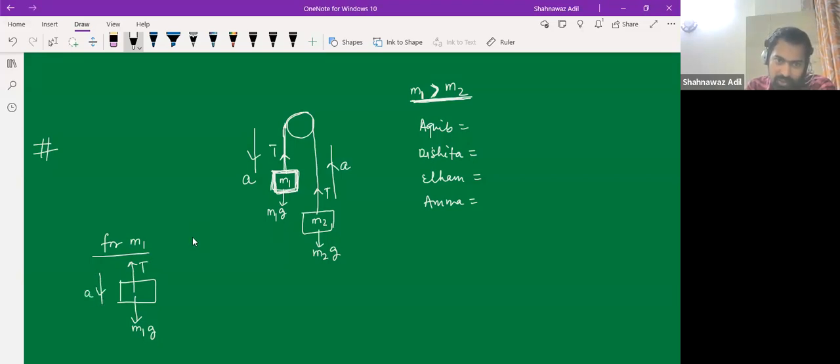For M2, this is the tension, this is the acceleration, and this is the gravitational force. Right, guys? This we know already, right?